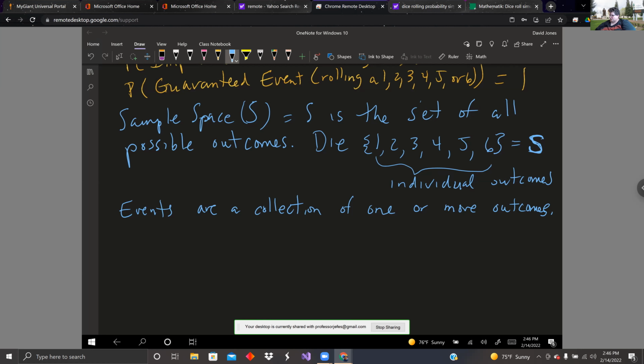Like we could just say rolling a 6 is an outcome, is an event. It's also a specific outcome. It happens to be both. But I don't have to just limit to numbers. I could say rolling an even number is an event.